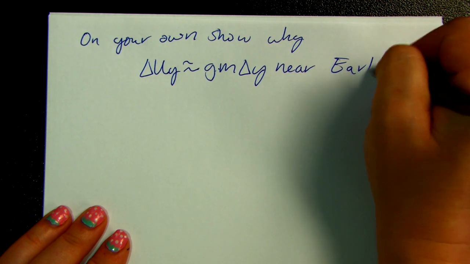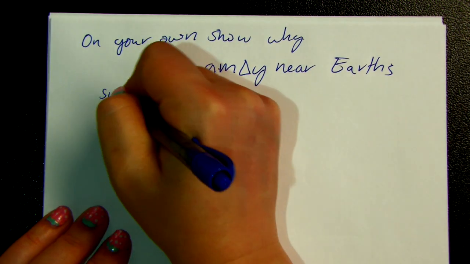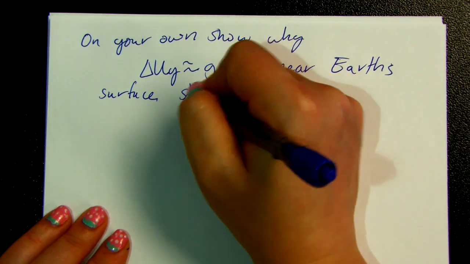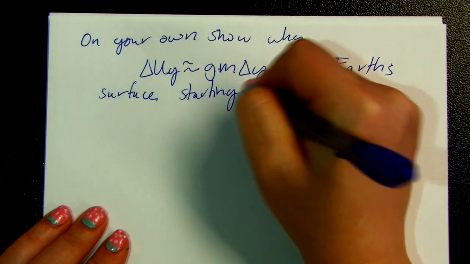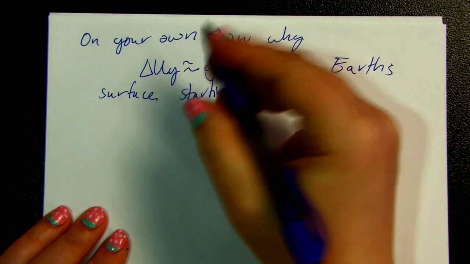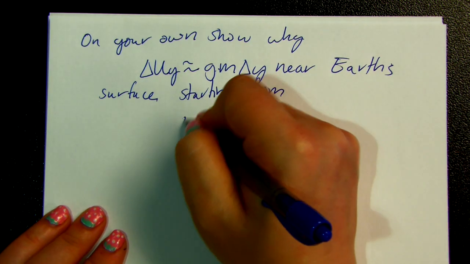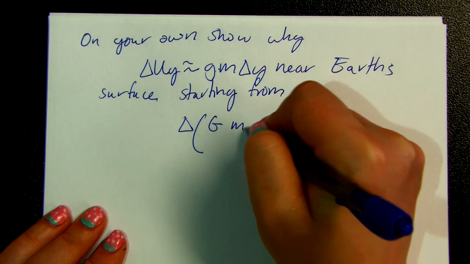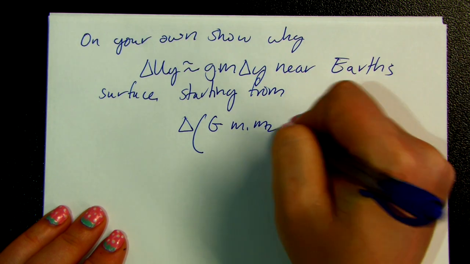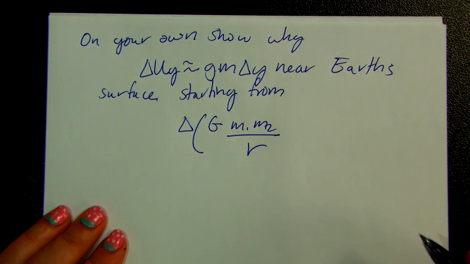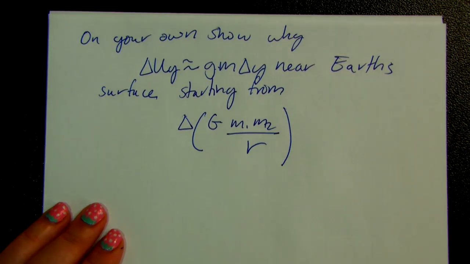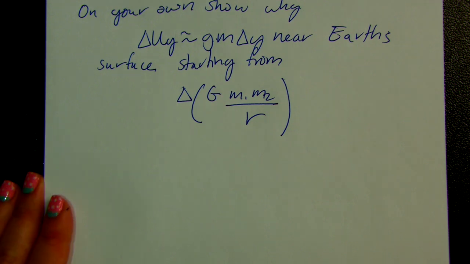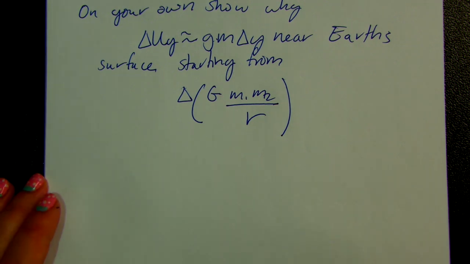So this is something that we have stated before, and this is a really easy and fun little derivation to do. So it's not a proof, it's a derivation. So you want to start from delta U equals G M1 M2 over R, the gravitational potential energy between the Earth and the object.